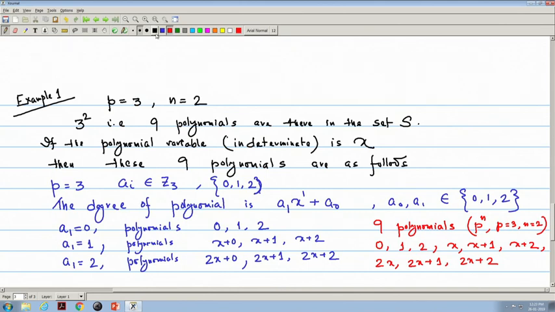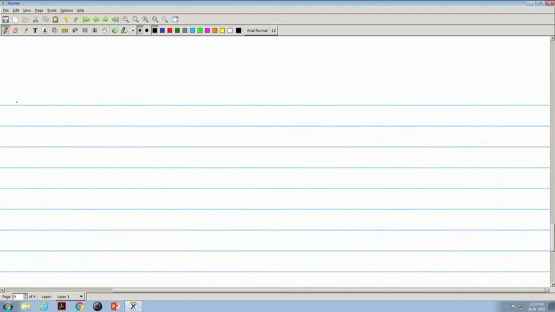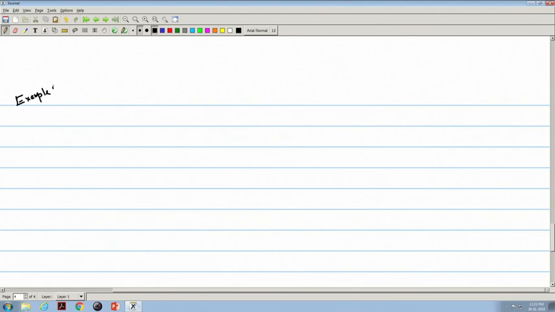Now, if we consider another example, example 2, where we write p equal to 2 and n equal to 3.